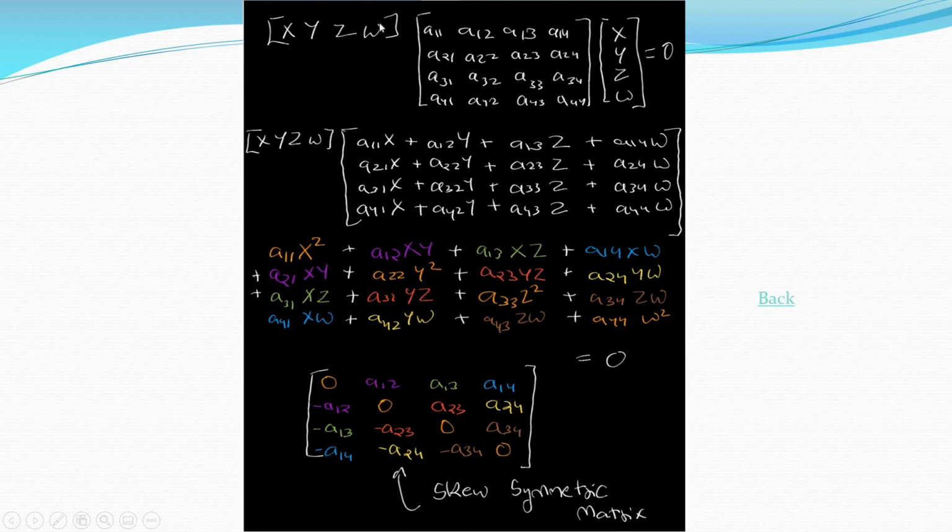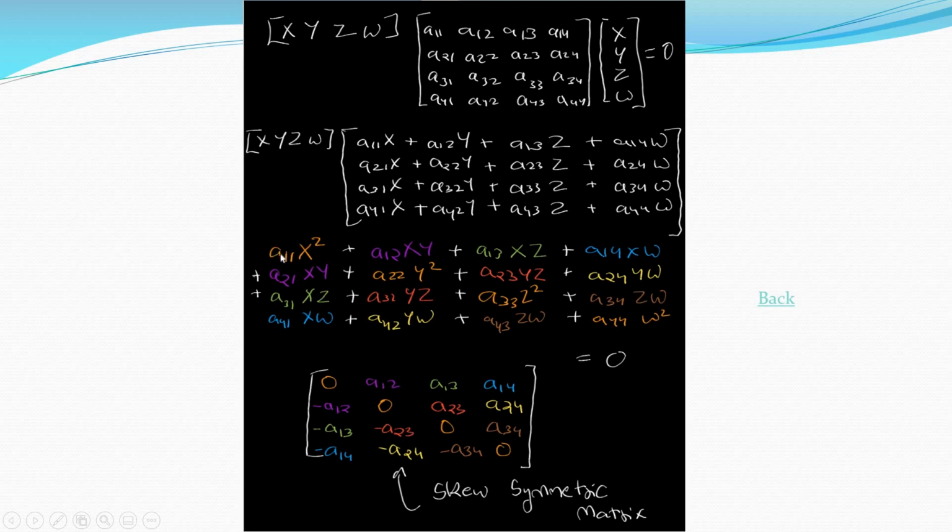If you have any vector x, y, z, w here, since we are using the homogeneous coordinate system, there is x, y, z and a w. The same vector appears on both sides, with this matrix in between. When you multiply it out, you get an equation equal to 0. Comparing both sides, since there is only one x squared term, its coefficient has to be 0.